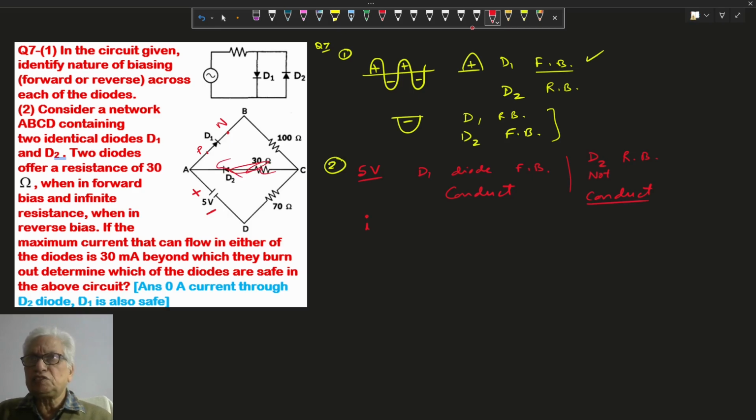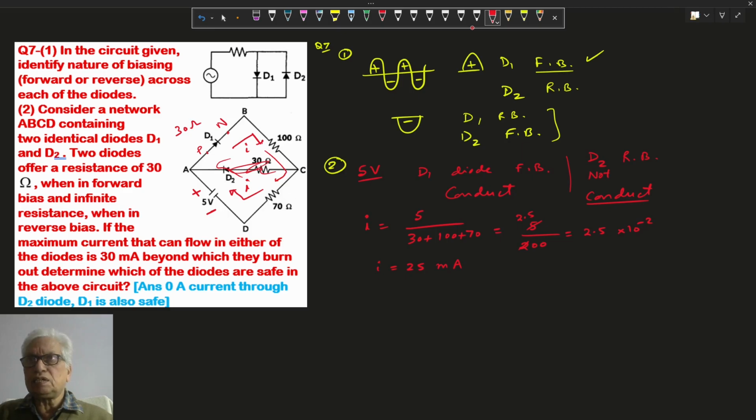Now the current in the circuit is the voltage 5 divided by the total resistance. Diode D1 gives a 30 ohm resistance. The total resistance is 30 plus this 100 plus this 70, that is 200, so 5 divided by 200 is 0.5 times 10 power minus 2, which can be written as 25 milliampere.